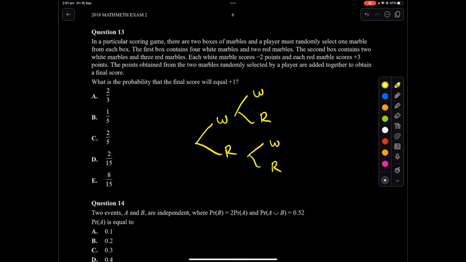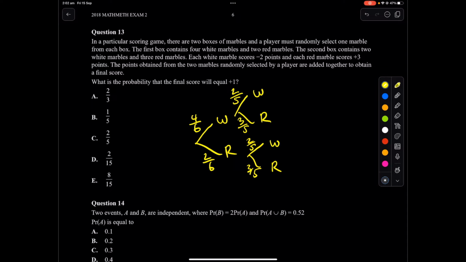So in total, that's 6. So 4 on 6 here, and this is 2 on 6. The second box contains 2 white marbles and 3 red marbles. So in total, it's 5. So 2 over 5, and this is 3 on 5. So this one's 2 on 5, and this is 3 on 5.